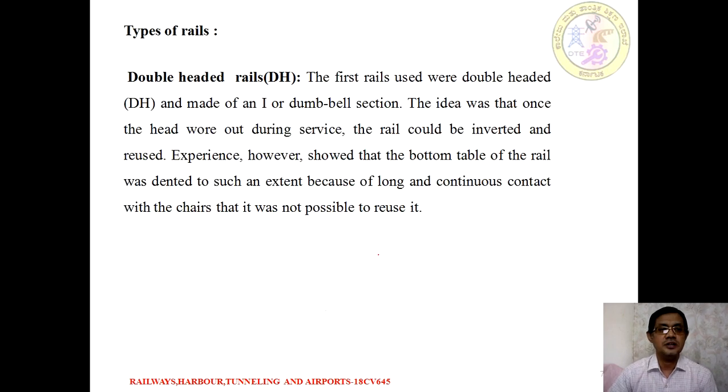Moving on to the double headed rail. This is the first rail that was used. Mostly it is called a dumbbell shape or I section. The idea was that once any head is worn out during its service, the rail is inverted and reused.